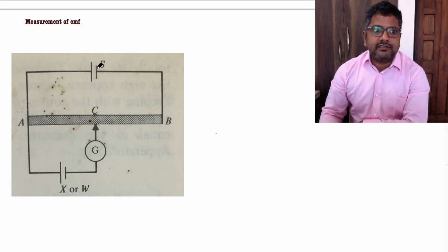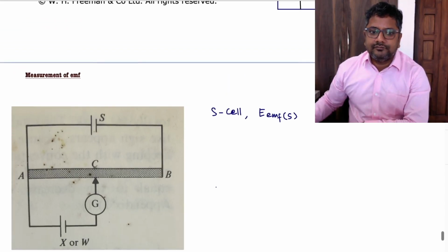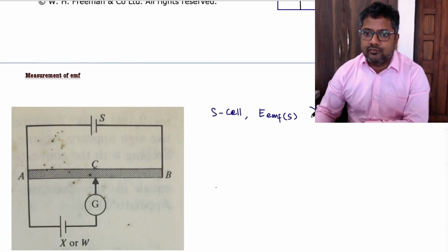This S is an external source of energy, meaning S is an external cell, and the EMF of this S is more than the EMF of X or W, right?